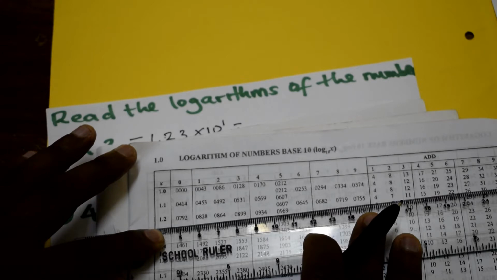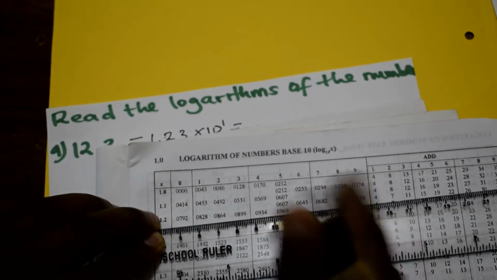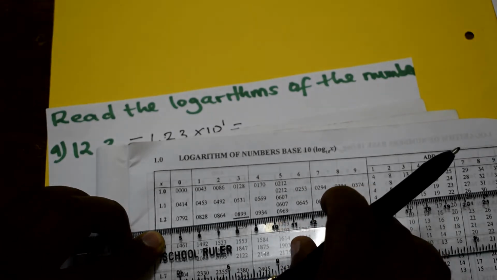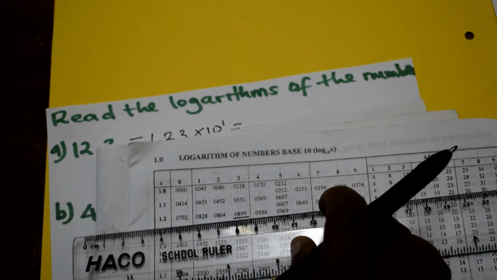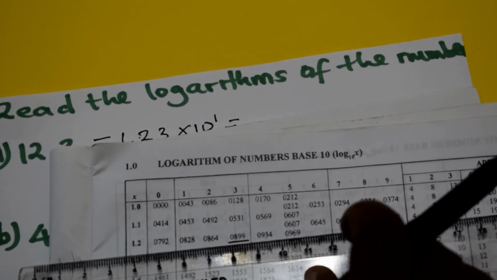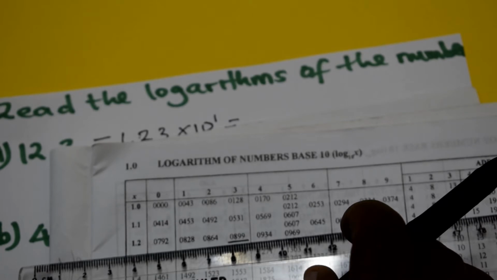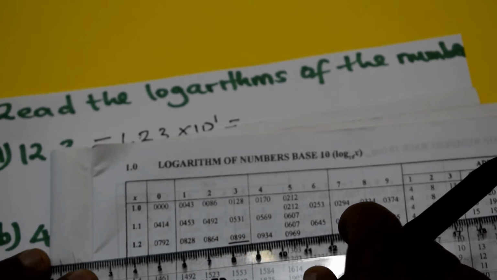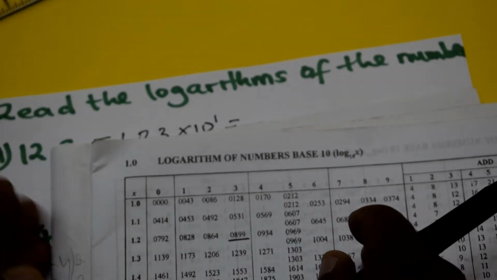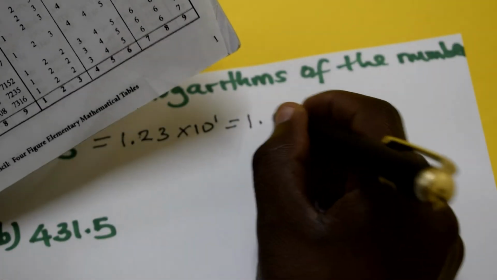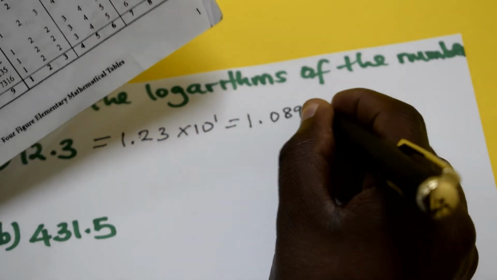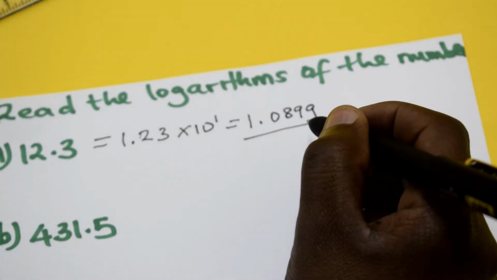At 1.2 and then 3, where we intersect, we get 0.0899. So we take the characteristic 1, and we have 1.0899, and that is the logarithm of that number.